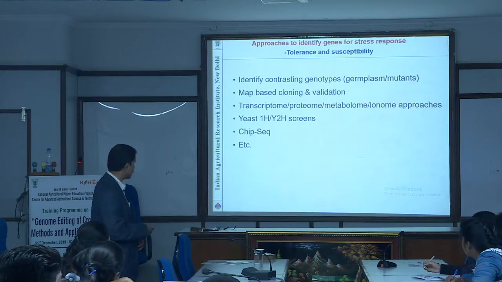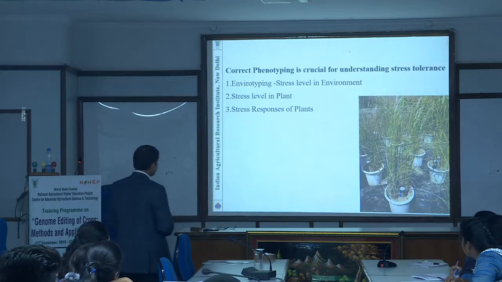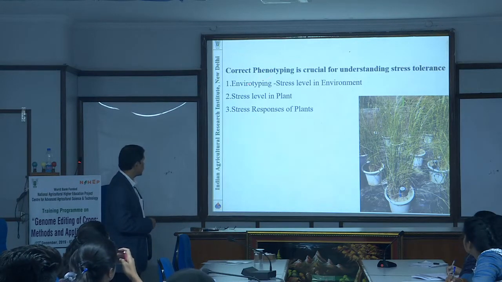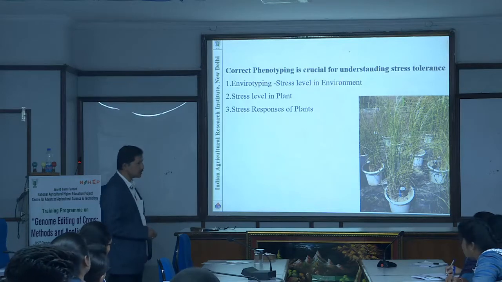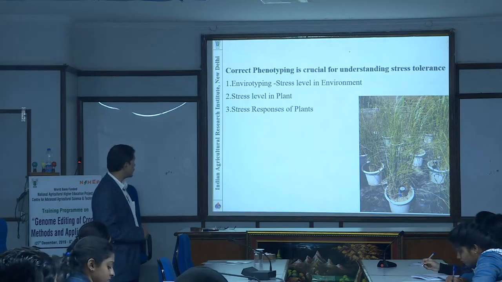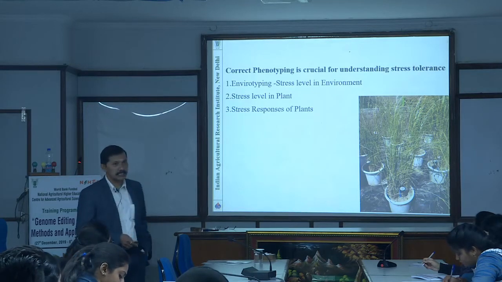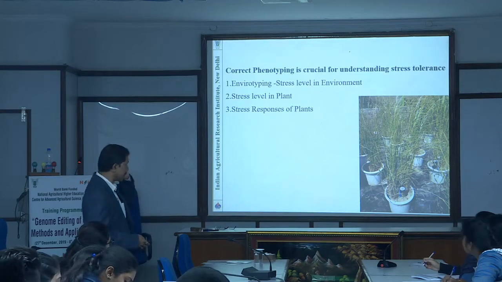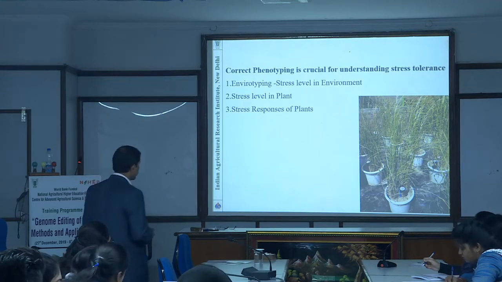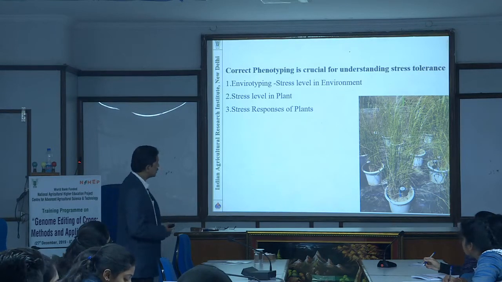I will give some examples for this. When you impose stress, it is very important to measure the stress in the environment, measure the stress level in the plant, and then see the stress response. These are three important factors for identifying the gene. Otherwise, if you just impose stress and identify a gene, you don't know what the gene is working for.